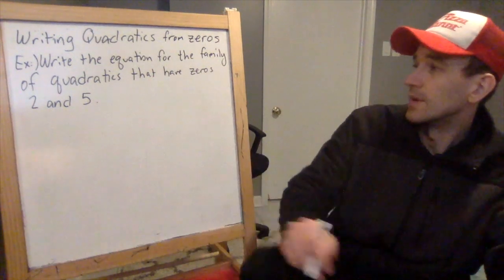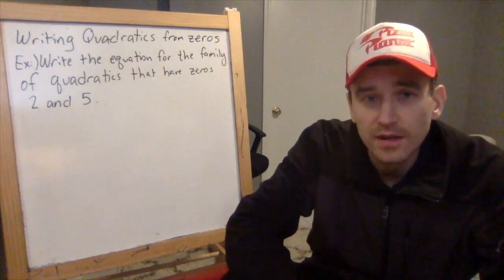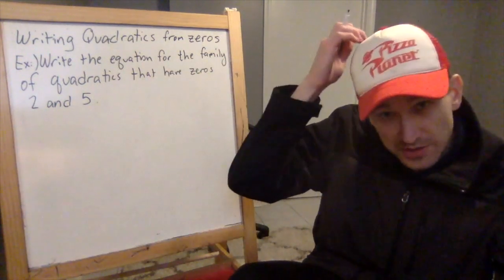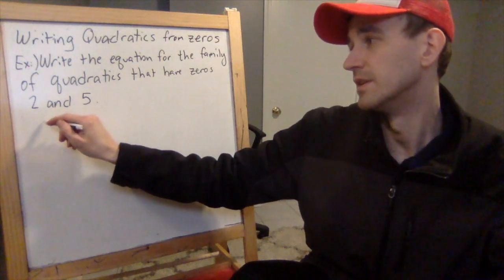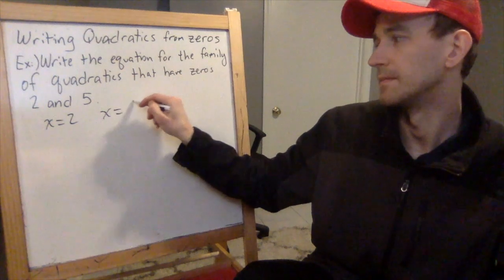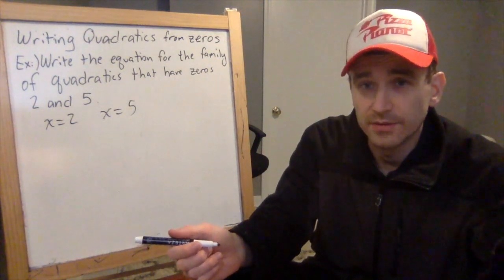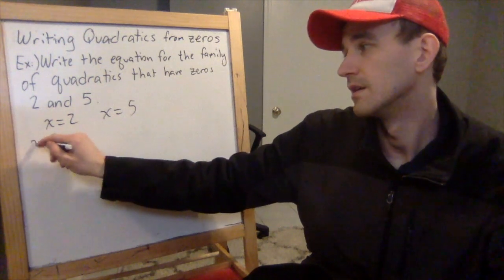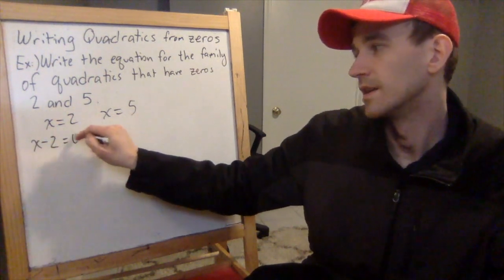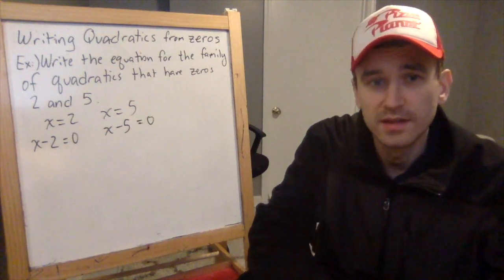So if you want to write an equation for the family of quadratics that have zeros 2 and 5, well, that means that we know that the function is equal to 0 at x equals 2 and x equals 5. And those two zeros correspond to the factors x minus 2 and x minus 5 equals 0.